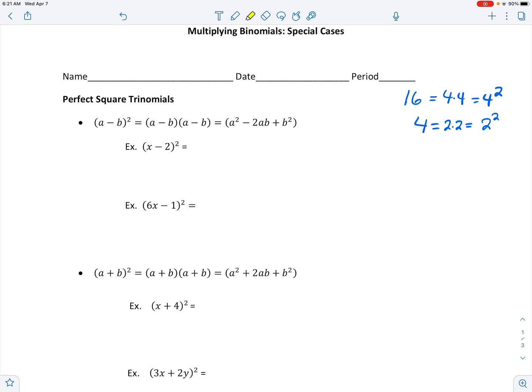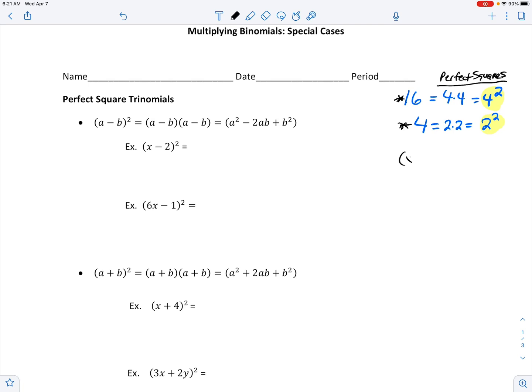So 4 and 16 are examples of perfect squares, right? So with this in mind, a perfect square trinomial is when we have a binomial, right?